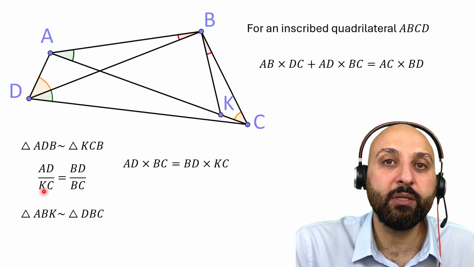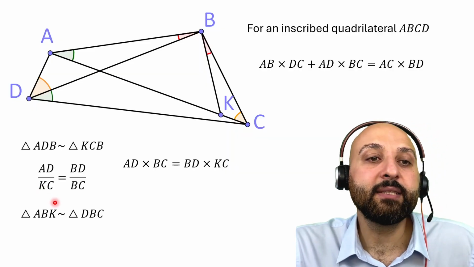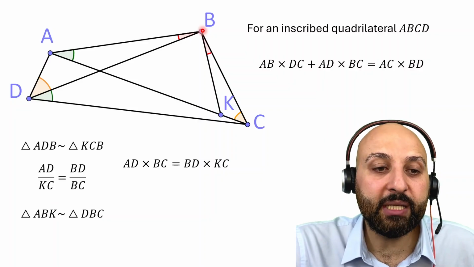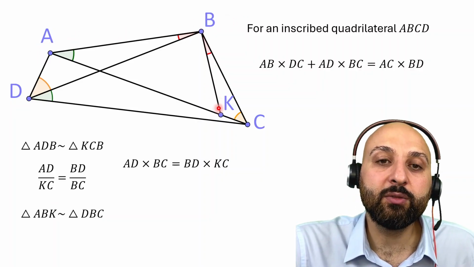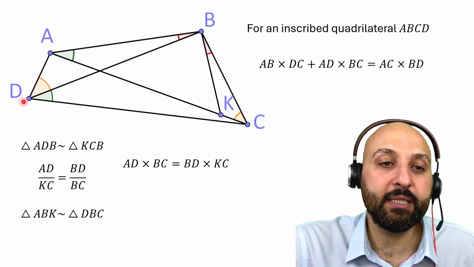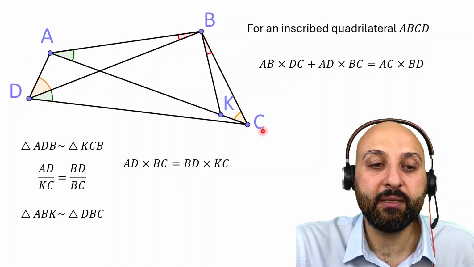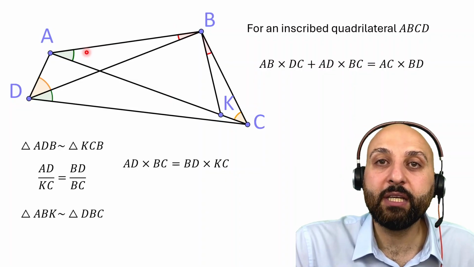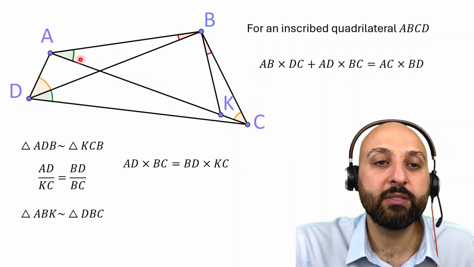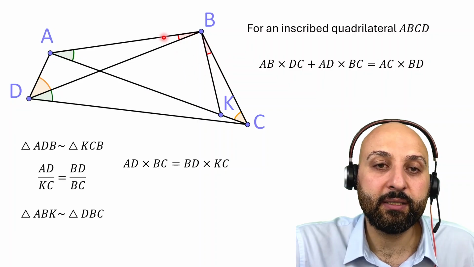This is the first point. Again, we can say that triangle ABK is similar to the triangle DBC. These two triangles are also similar, and we can write the ratio. They are similar because this angle is equal to this angle, and this angle is equal to that angle.